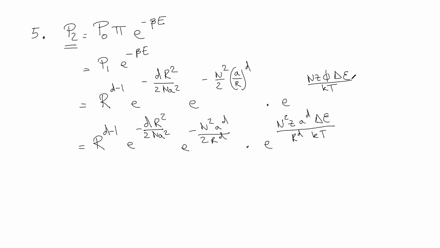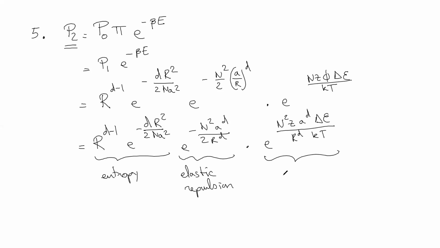All right. So it starts to be a long expression, but basically I have entropy, elastic repulsion between monomers, and then I have attractive interactions.